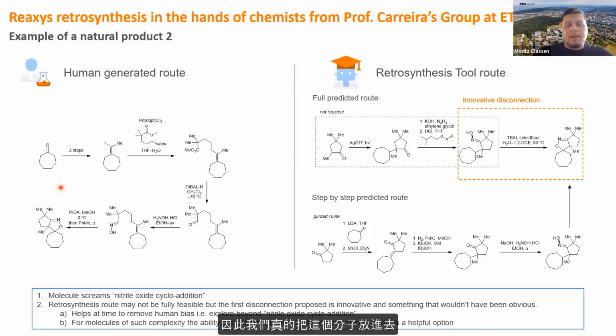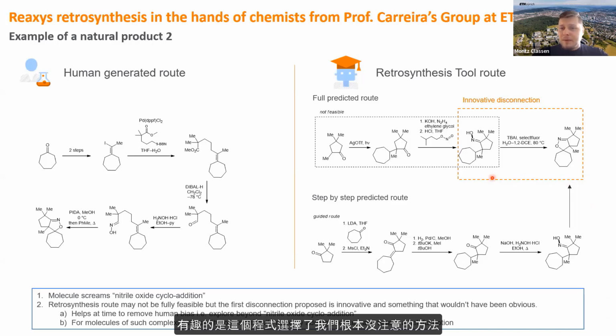So we really put in this molecule in order to kind of find out whether the program is able to find what I would say is a rather complex disconnection here in order to construct this heterocycle. Interestingly, the program didn't, and instead chose an approach that we weren't aware of at all.